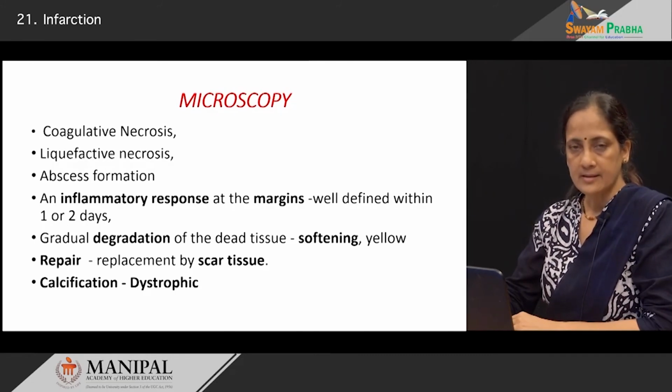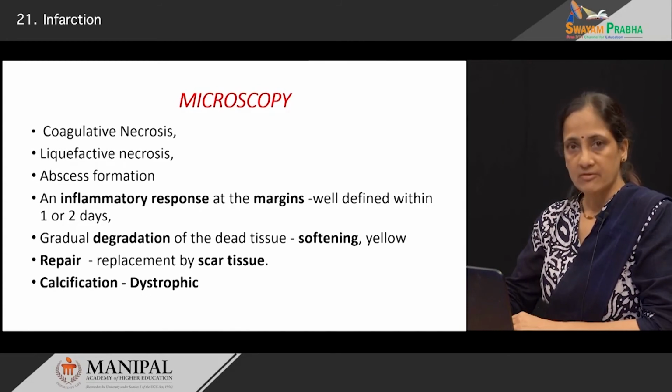Fibroblasts enter the area and lay down collagenous tissue. This forms scar tissue, which is then remodeled over the next few weeks to months to result in a more stable scar. When such scars are present for a prolonged period of time, dystrophic calcification can result and that area can become very hard.